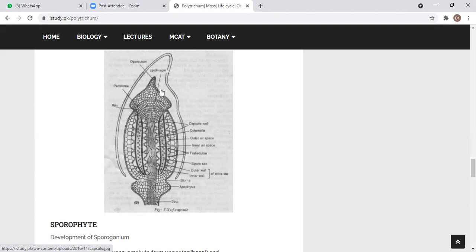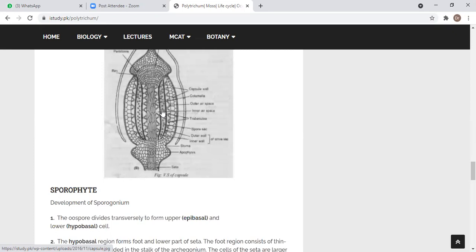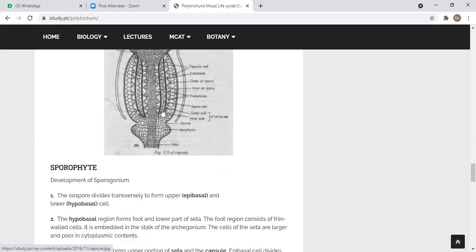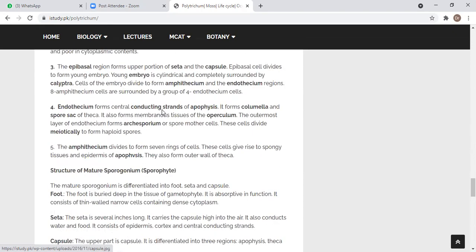It plays a role just like the lid of a jug, having a row of peristomial teeth, which are hygroscopic in nature. They are helpful for fixing the lid to the theca region.